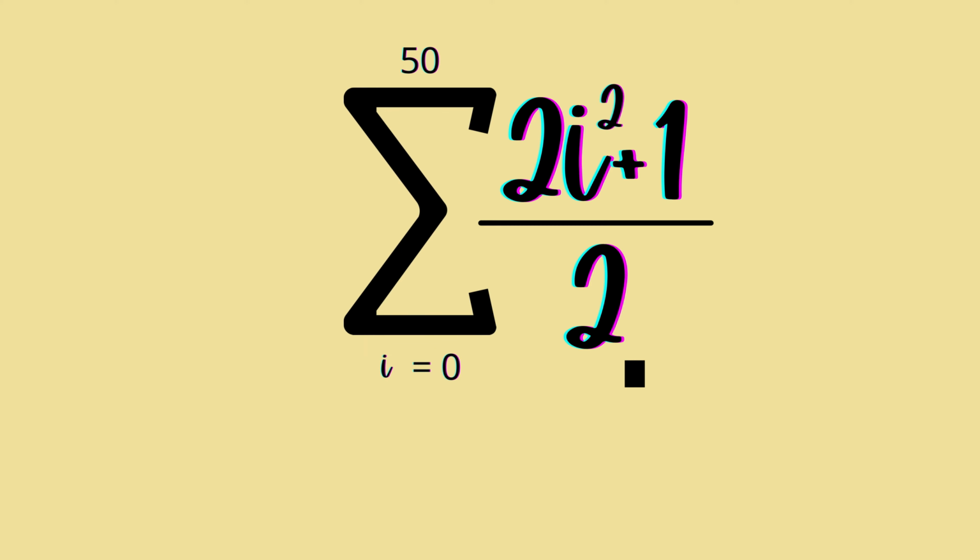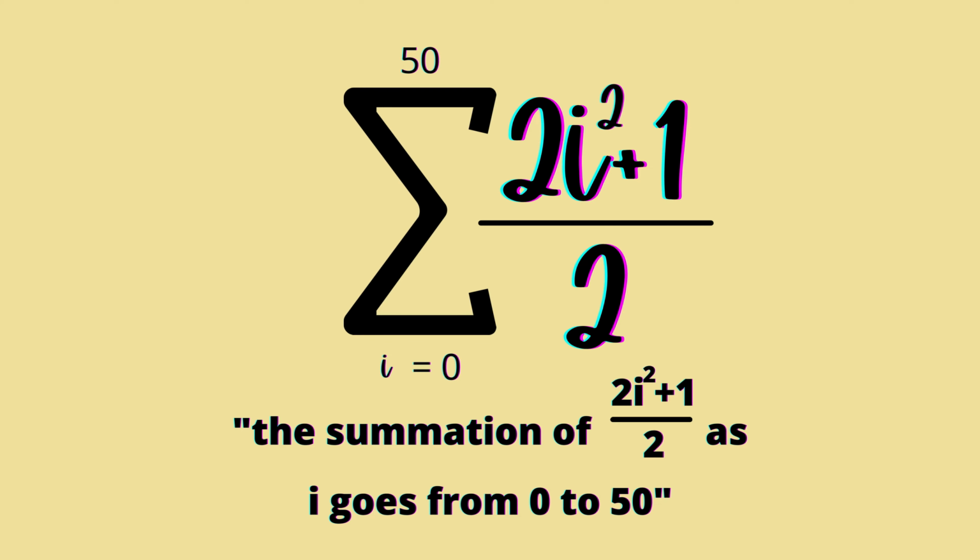In this last example, this is read as, the summation of (2i squared plus 1) all over 2, as i goes from 0 to 50. We can, again, substitute 0 to 50 for i, so that our first term would be 1/2, all the way to our last term, which is 2 times 50 squared, or 5,000, plus 1 is 5,001, over 2.